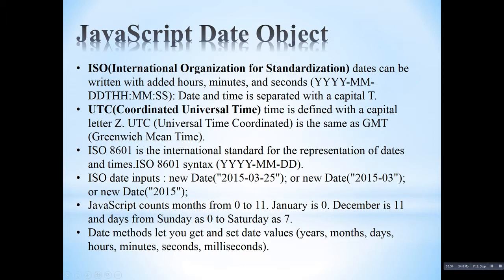JavaScript counts months from 0 to 11, where 0 is January and 11 is December. The day, Sunday, is also 0 and Saturday is 6. Date methods let you get and set the date values also. We'll see that in the upcoming slide.